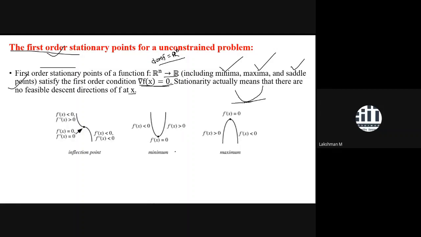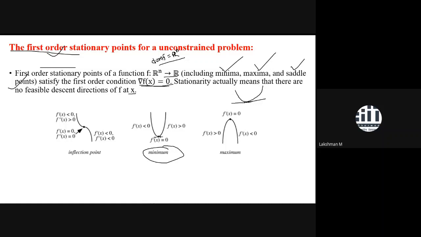In this first picture, this kind of stationary point we call a local minimum. What is happening if you are at this point and you proceed further? It is a one dimensional function, so there are only two directions, one to the right and one to the left.